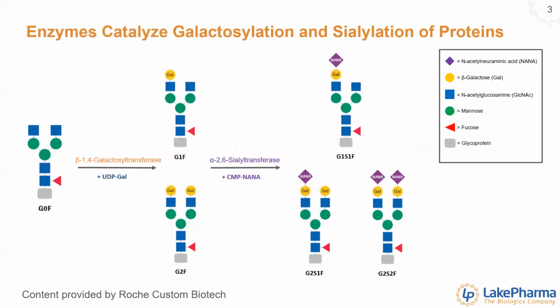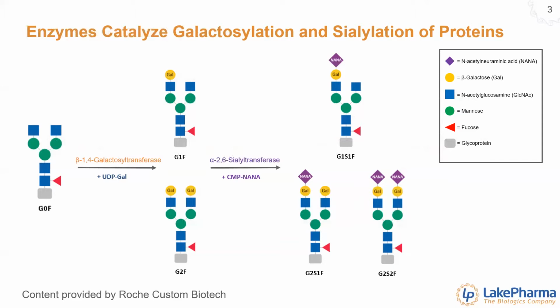On the left side is the protein glycosylation, where the base module is G0F. The red is fucose, the green circle is mannose, and then the other sugars. G0F has fucose, but there's no galactose, which is shown in yellow, and no sialic acid, which is shown in the purple diamond.